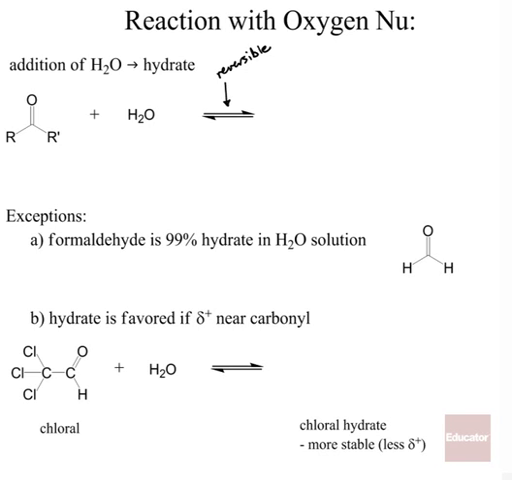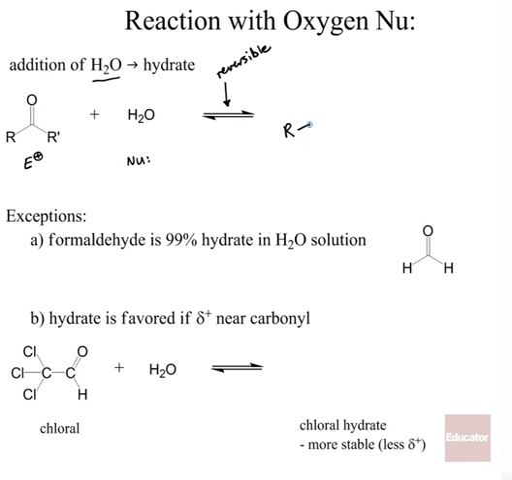So the first oxygen nucleophile we'll consider is addition of water. When we do that, the product we get is called a hydrate. Now, as usual, this carbonyl is going to be my electrophile. If water was my nucleophile, if we just think about the pattern we've seen up till now, what does the product look like after a nucleophile attacks the carbonyl?